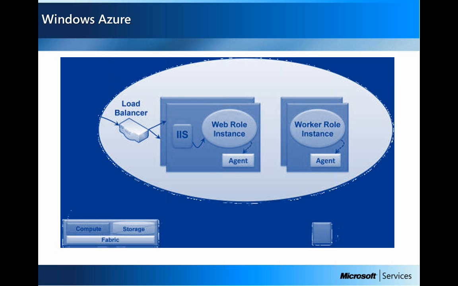So who will manage that the requests are equally distributed across the running instances? For this we have built-in hardware load balancing to spread the requests across these web role instances. Now, by running multiple instances of an application, Windows Azure helps the application to scale.